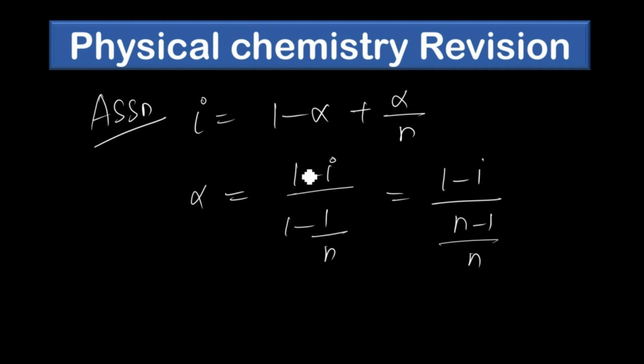Van't Hoff factor is greater than 1 for the solutes which are undergoing dissociation, and it is less than 1 for association. Greater than 1 for dissociation, and less than 1 for association.